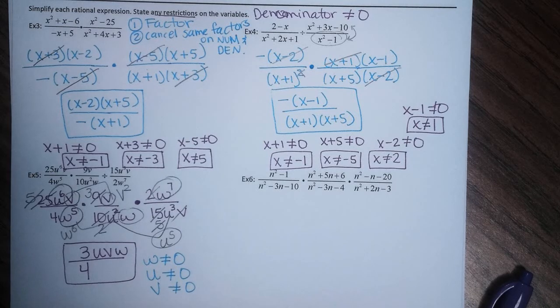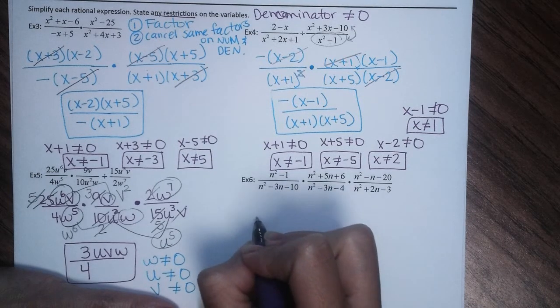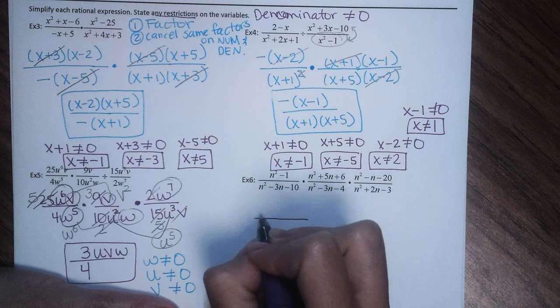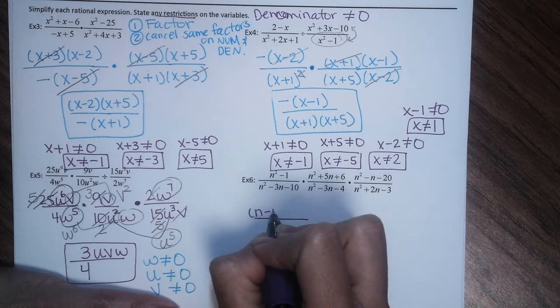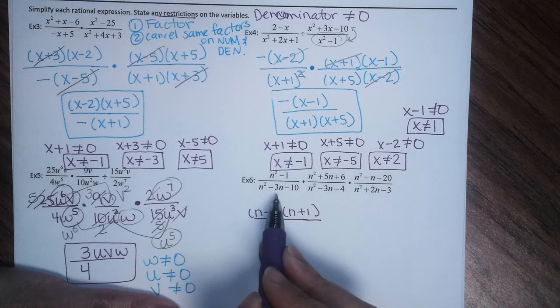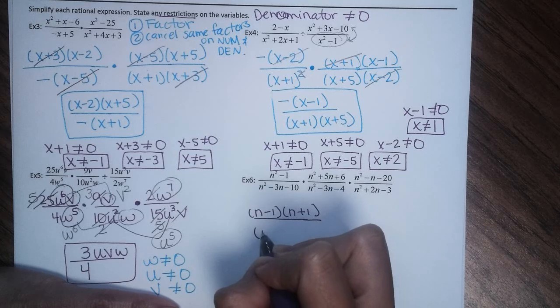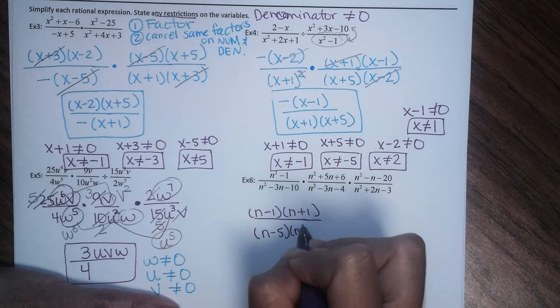So, example 6. Let's just start factoring. So, n squared minus 1 would be n minus 1 times n plus 1. N squared minus 3n minus 10 would be n minus 5, n plus 2.